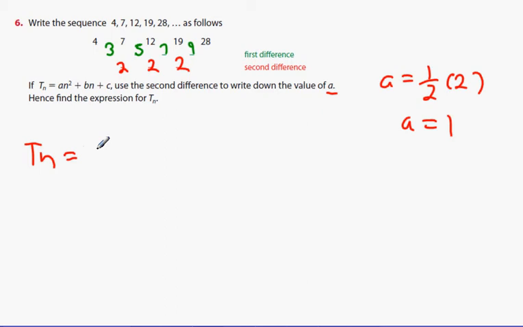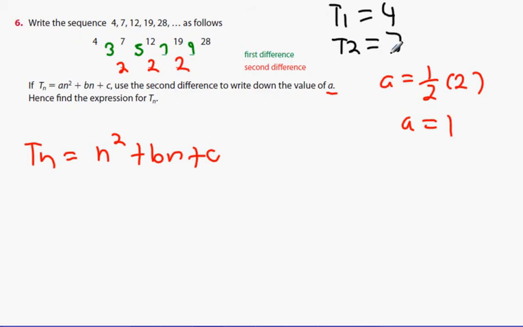Tn now equals n squared plus Bn plus C, because A equals 1. Use T1 equals 4 and T2 equals 7 to find out what the rest of them are. So for example, T1 equals 4 means n is replaced with 1.